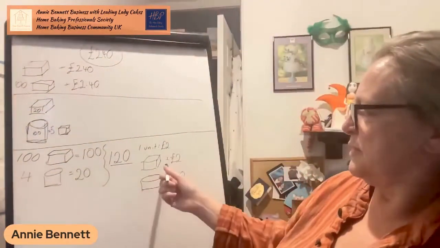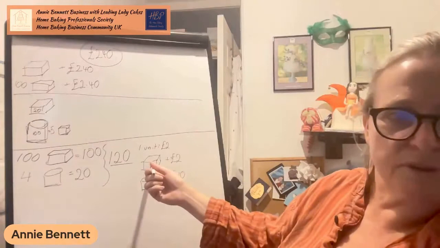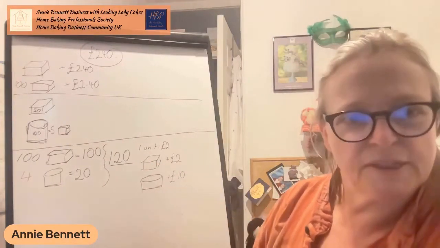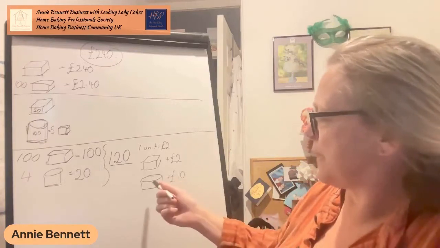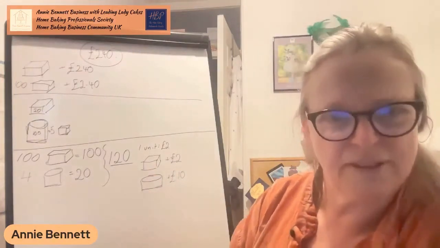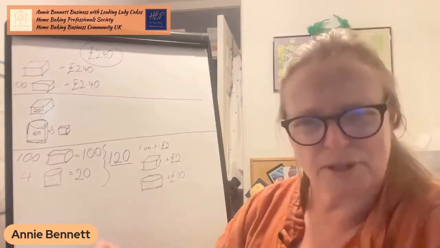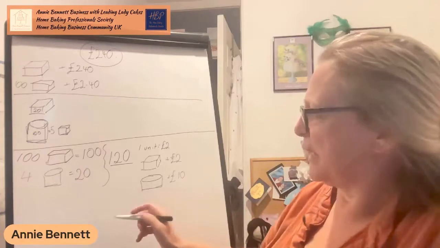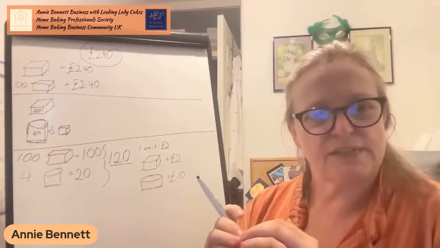So to add £2 to a treat box and add £10 to a birthday cake, that's about right. Yeah. You wouldn't want to add £10 to a birthday cake and £10 to a treat box, because that would be disproportionate. And then your treat box prices would be quite high then in comparison. Okay. So it's all to do with dividing it up.